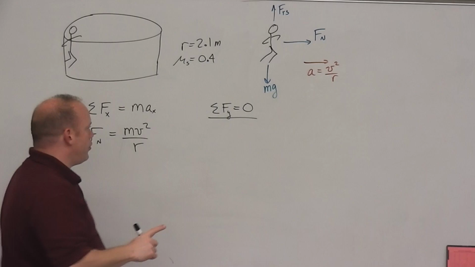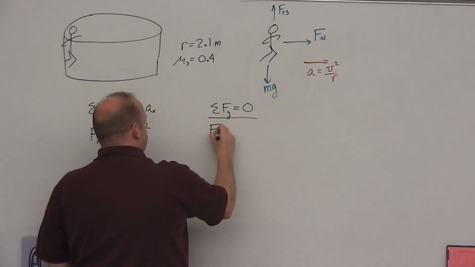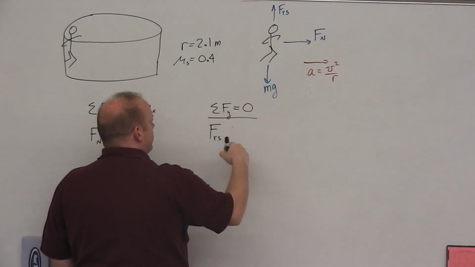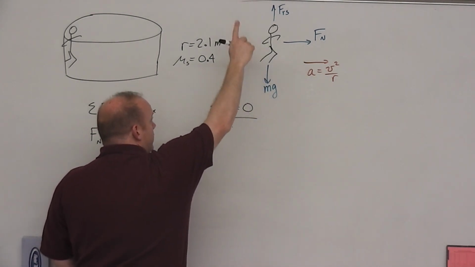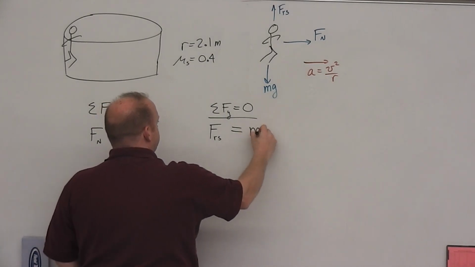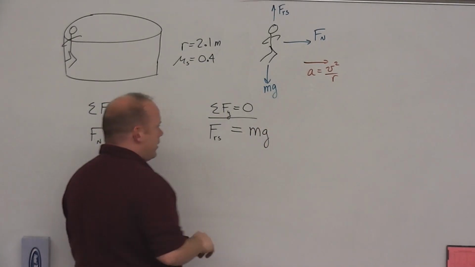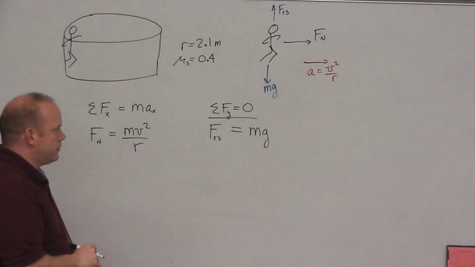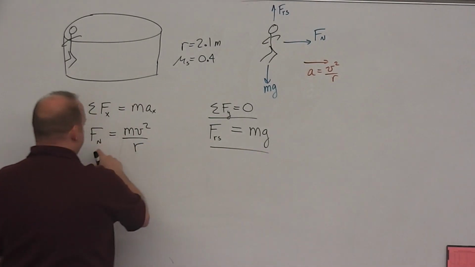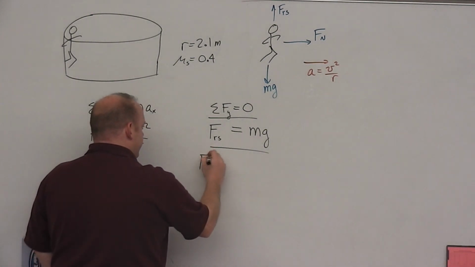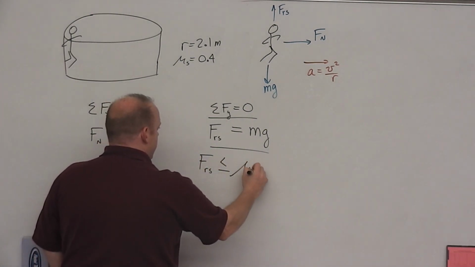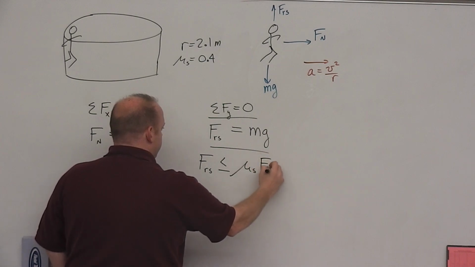Let's just do this equation first. These two forces have to be in balance, so static friction will equal mg. Now, we want to relate static friction and the normal force. In general, we know that static friction is less than or equal to μs times the normal force.